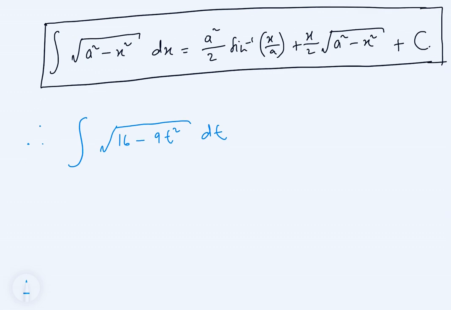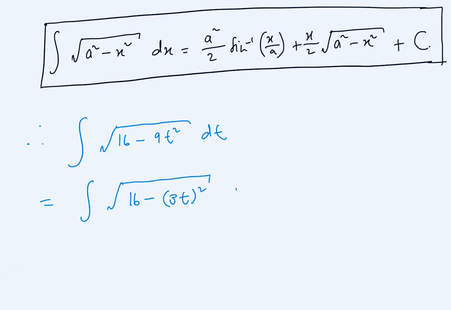We notice that we can write the 9t squared as 3t all squared. So we can rewrite this as the square root of 16 minus 3t to the power of 2.